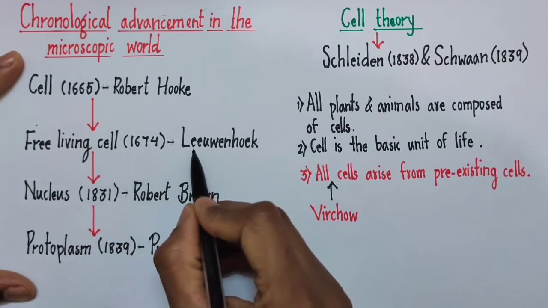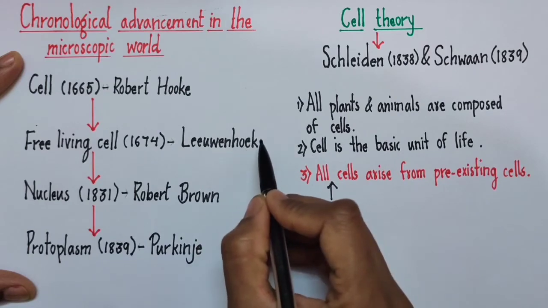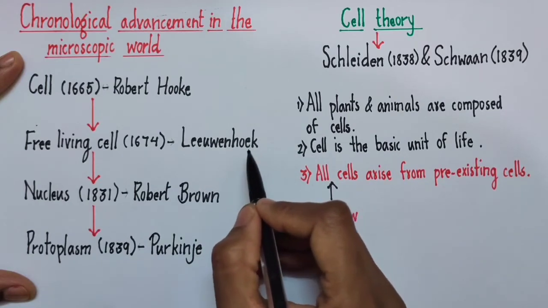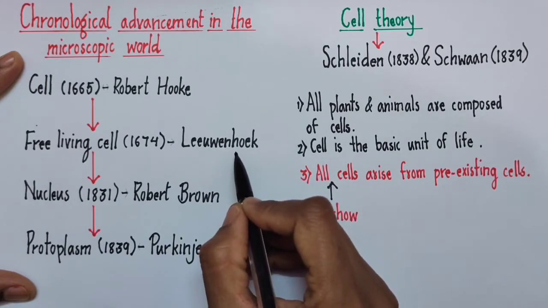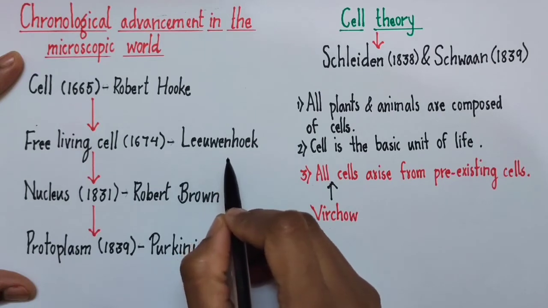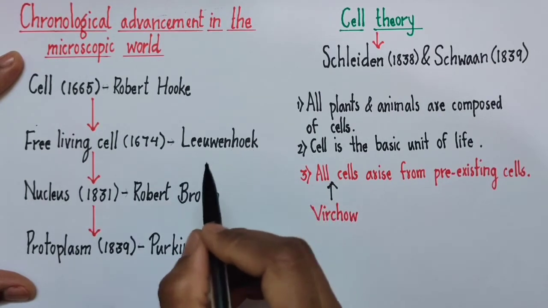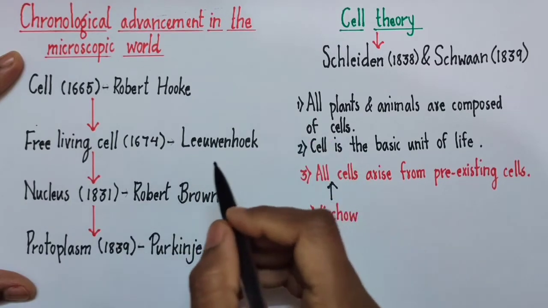So basically what Leeuwenhoek did is he collected some pond water and he was observing it under his microscope. What he saw were tiny creatures moving and he called them little animals, and actually what he had seen were bacteria.